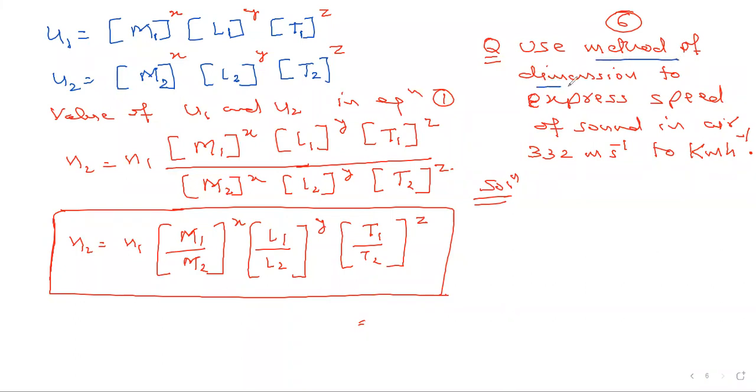Use the method of the dimension to express the speed of sound in air, which is 332 meter per second, to kilometer per hour.